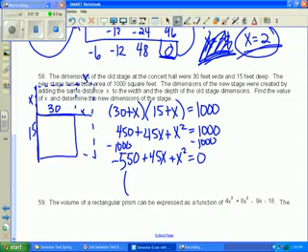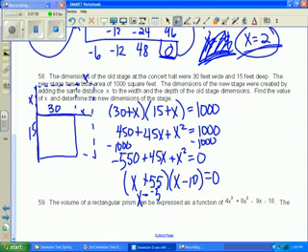If I rearrange that and I factored it, it would factor as x plus 55 and x minus 10. And so therefore, negative 55 or 10 would be the distances of my x. And I don't want a negative distance, so this one doesn't work.